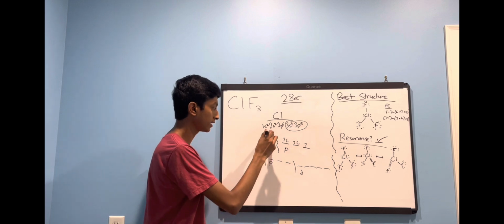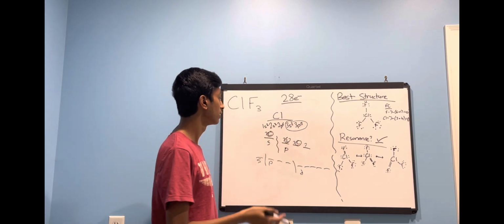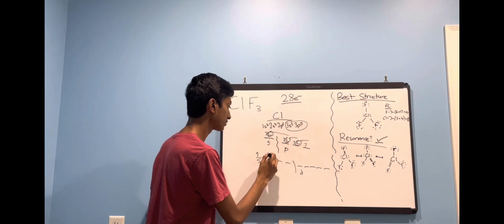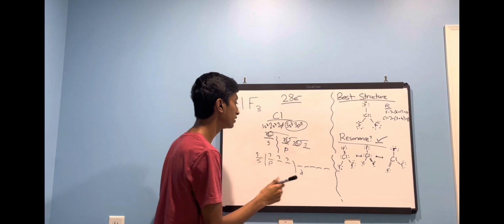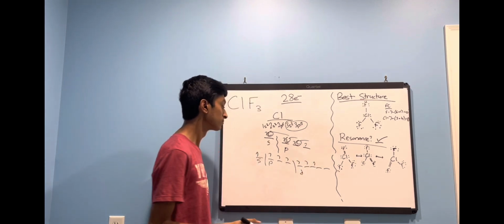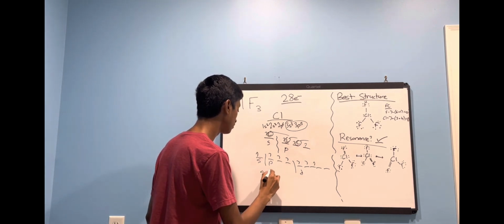Anyone that has a pair, we move one electron to the front: 1, 2, 3.